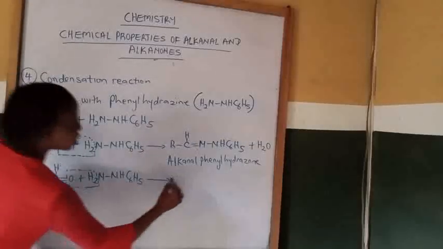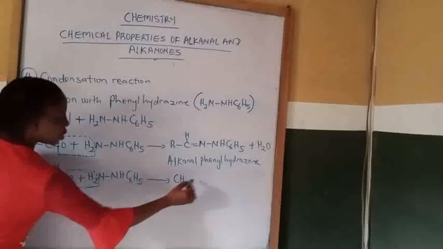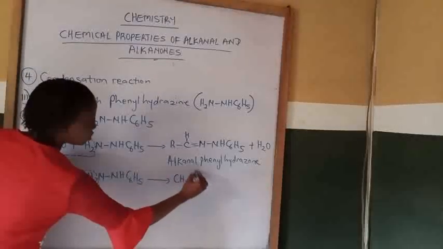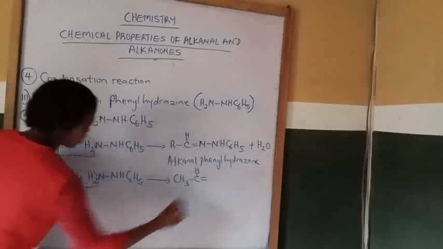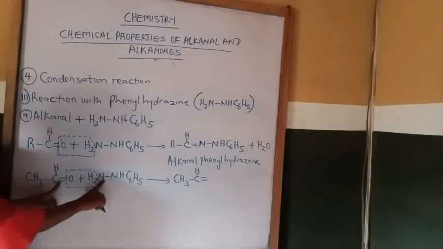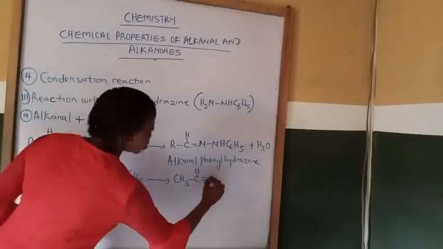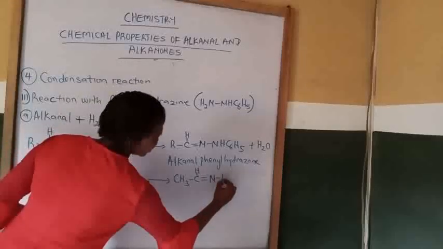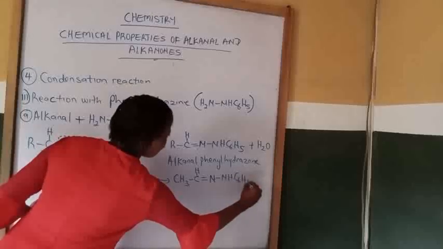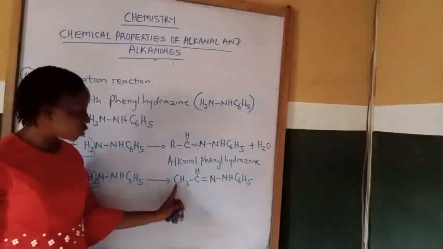So our product will be CH3, then followed by C with a hydrogen atom, then the double bond. So this double bond will combine with NNHC6H5, which is called hydrazone. So let's name the product formed.